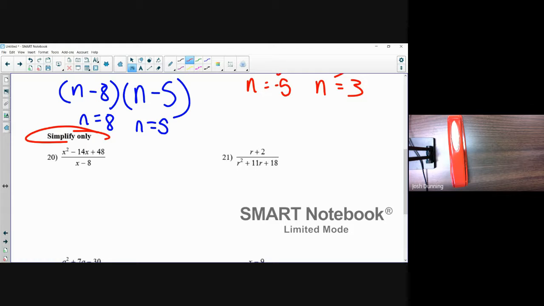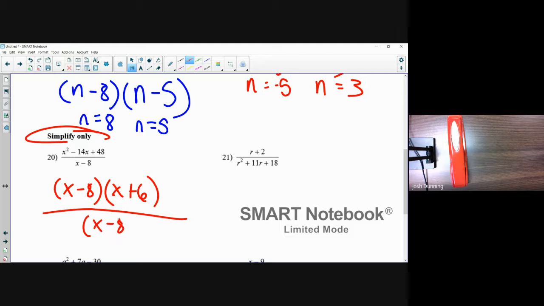So what we're going to do, we're going to break it up into multiplication by factoring. 6 times 8 again on the top. The bottom you can't factor. There's no perfect square, there's no GCF or any of that. So I'm just going to copy that down.